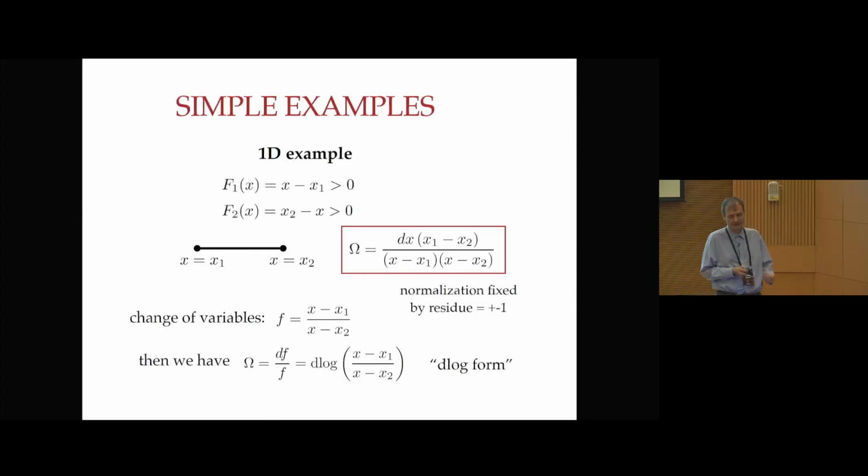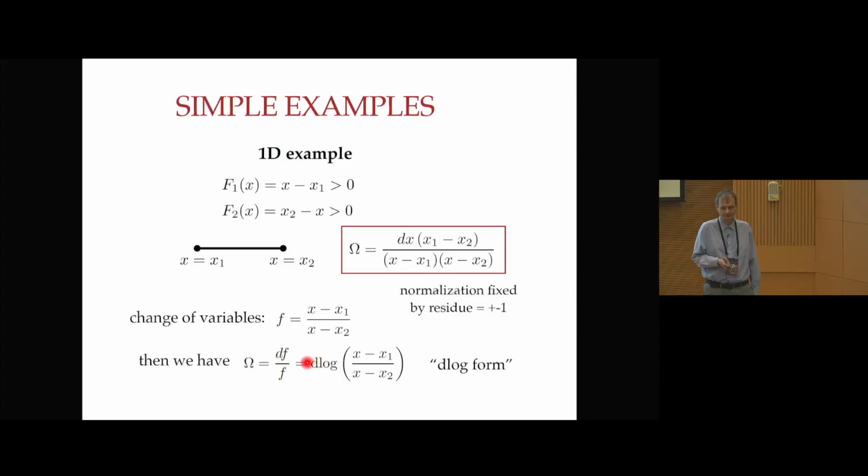So once you calculate the residue of the form on one of the boundaries, you should get 1 or minus 1. You can also change the variables from x to another variable f, which is given by this ratio. And then the form has a manifest d-log structure, so it's just df over f.